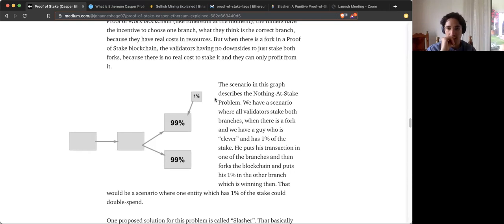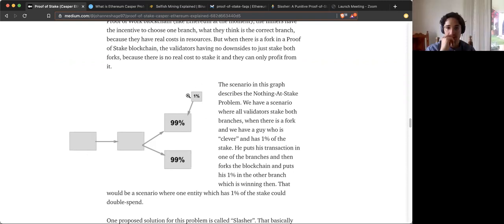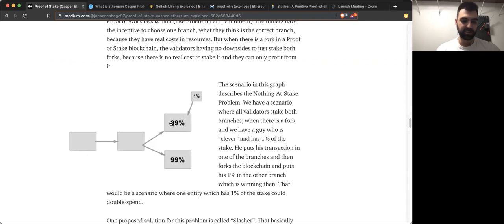But now there's this new attack that can happen, right? Imagine 99% of the people act in this logical way where they'll just mine on both of these forks. And this 1% guy here decides to spend money in this block, say in this lower block. So Alice sends a transaction to Bob in this lower fork here.